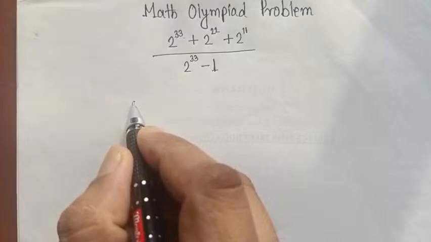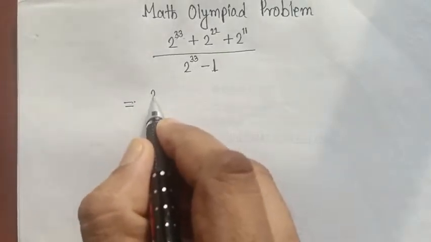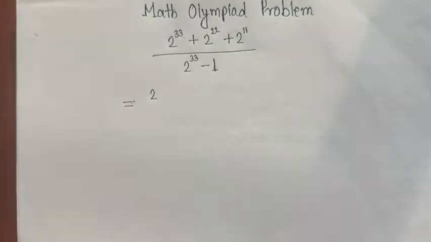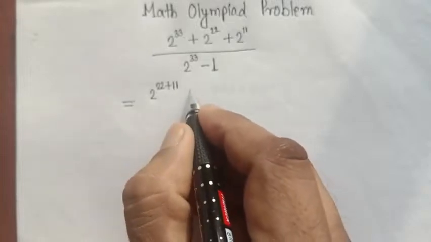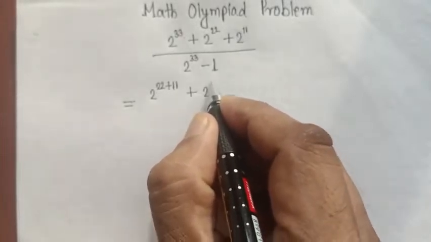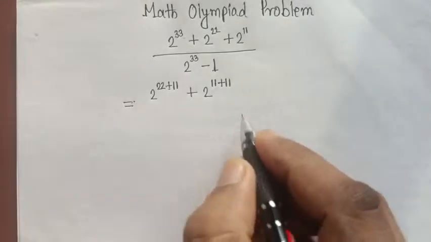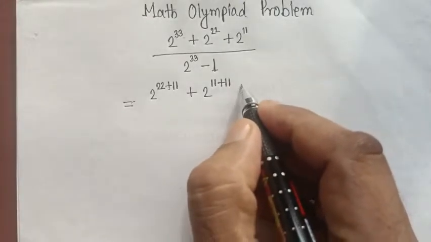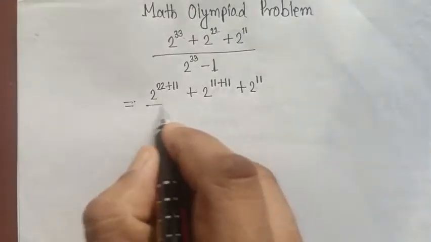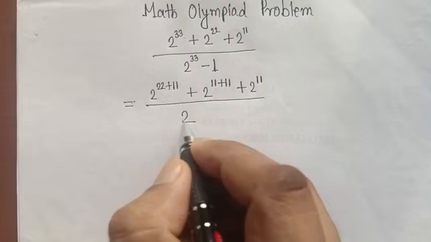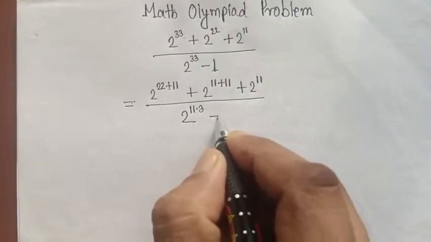Okay, so we can write 2 to the power 33, that means 2 to the power 22 plus 11, and 2 to the power 22 is equal to 2 to the power 11 plus 11, and 2 to the power 11 as 11, and here 2 to the power 11 into 3 minus 1.